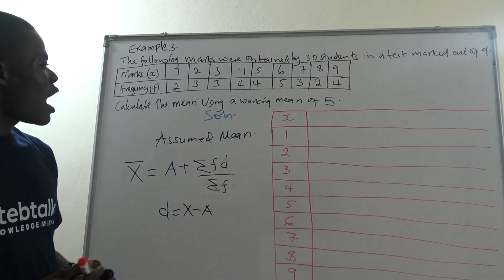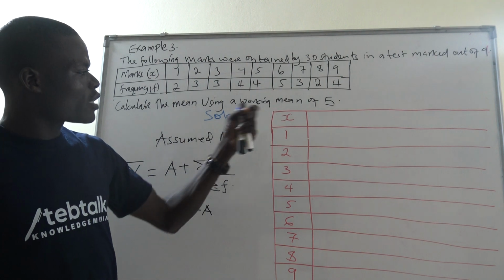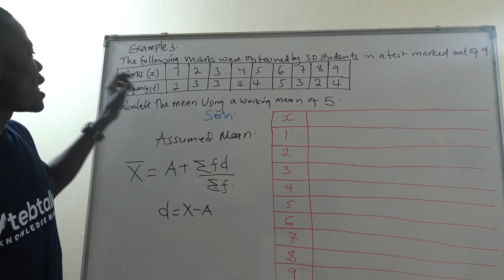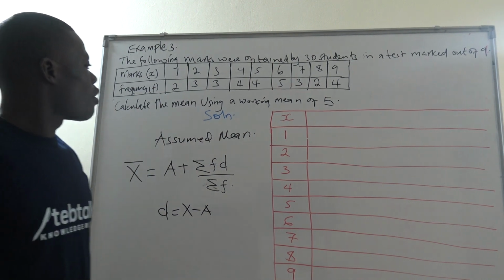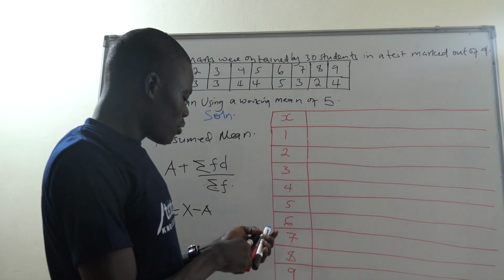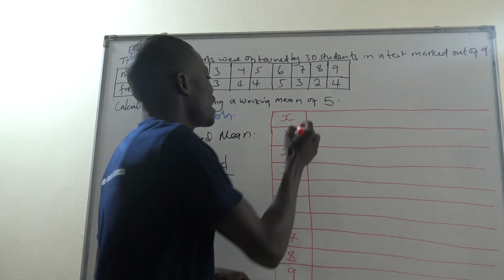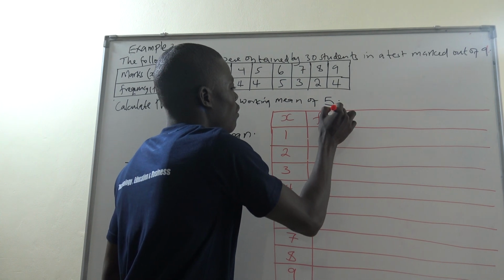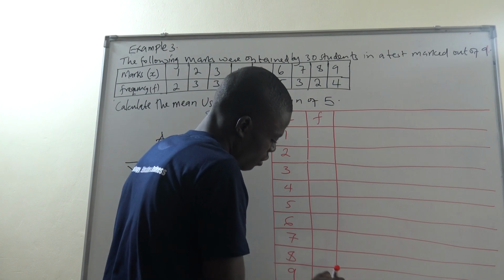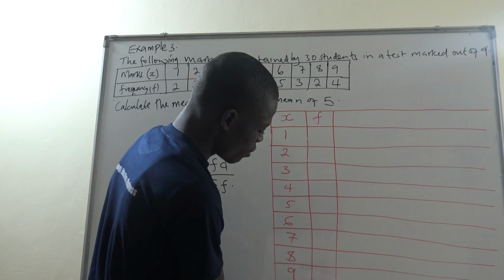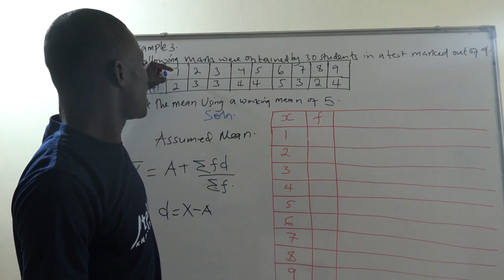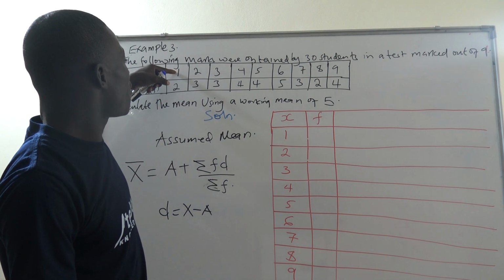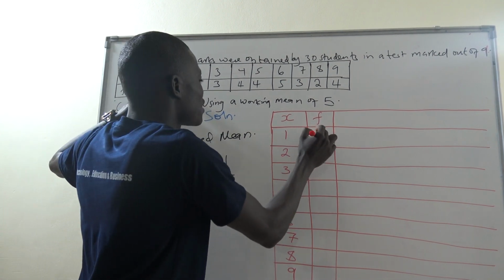Then immediately after the first column you must include the column for frequency. So the column of frequency will be our next column, which is denoted by f. They said those with 1 mark, there were 2 students.